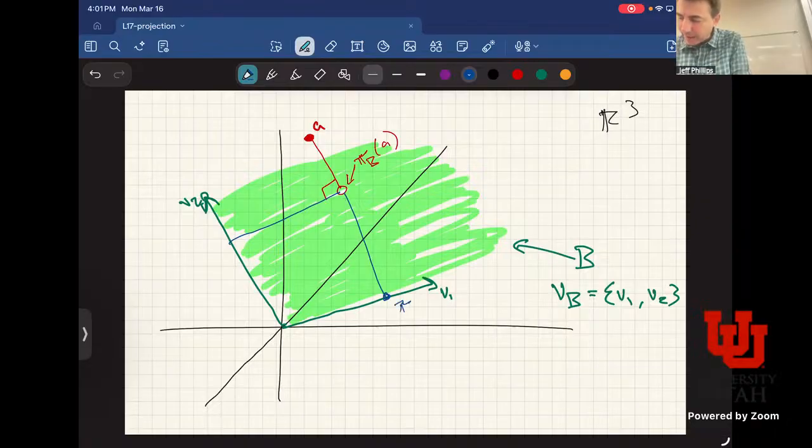This will be pi of V1 of A, and this will be pi of V2 of A. And that would be if I projected it directly onto here, or directly onto here, this would be a right angle.